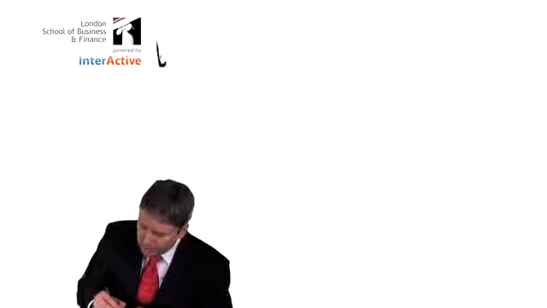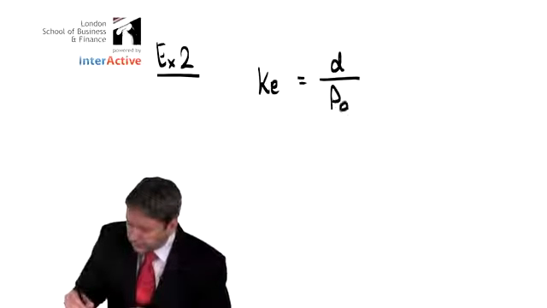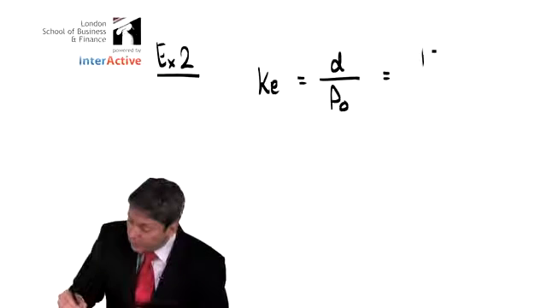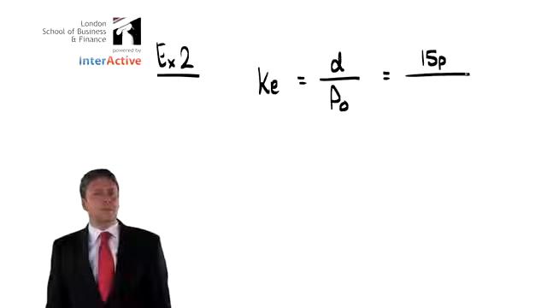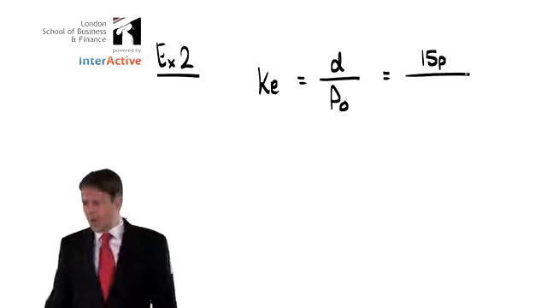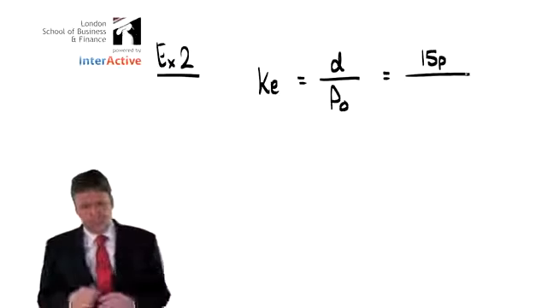So if we're looking at example 2, we said KE equals D over P0. D, we know, is 15p, because when we're talking about dividend, we're talking about the dividend yesterday, today, tomorrow, somewhere around now.